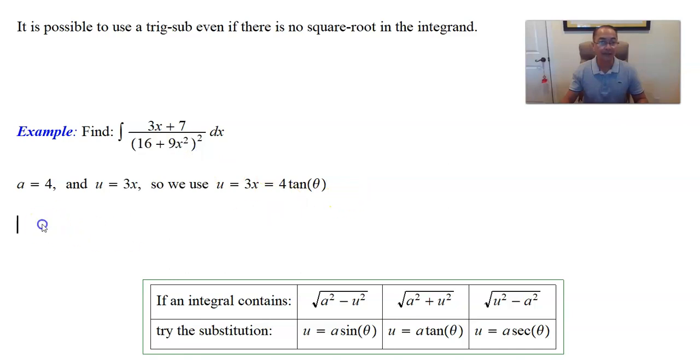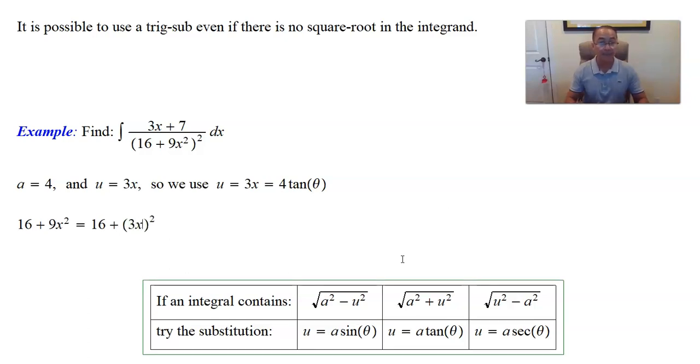We just have this. So 9x squared is 3x quantity squared. And we said that 3x is 4 tangent theta. So square that, we get 16 tangent squared theta.